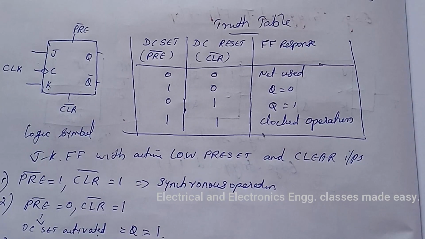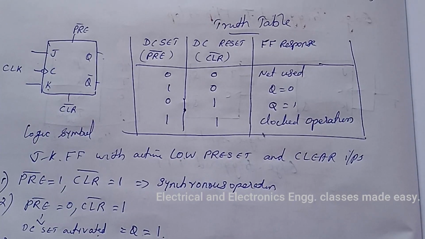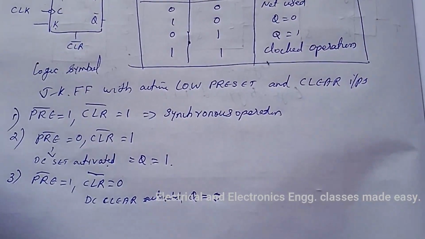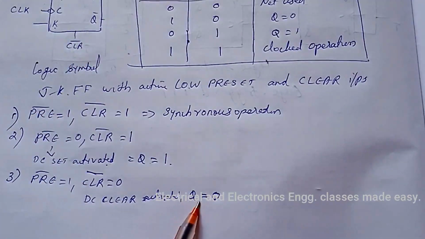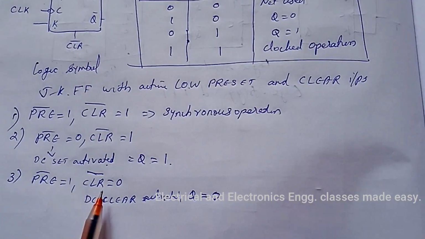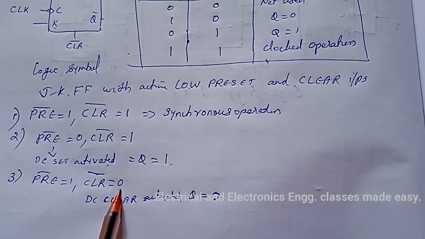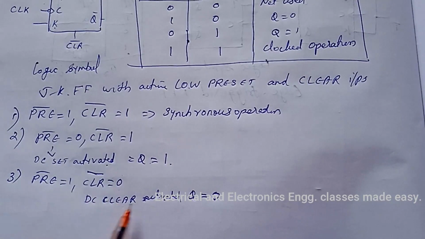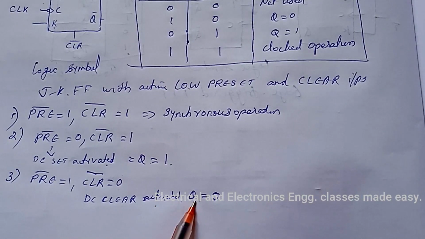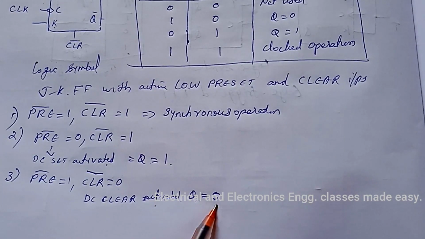That means it will clear the output, that is Q equal to 0, independent of the conditions of J, K and clock input. So when preset bar equal to 1 and clear bar equal to 0, DC clear is activated, that is Q is cleared to 0.